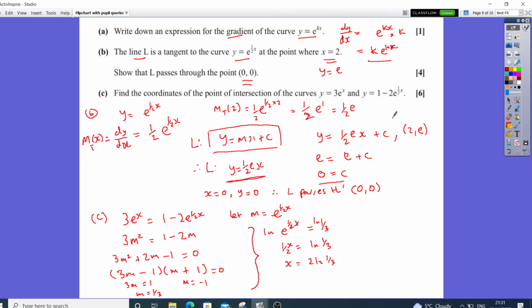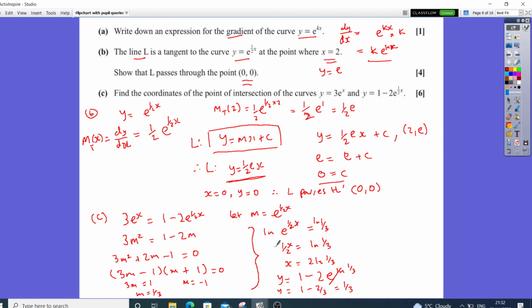So if that is x, y would equal 1 minus 2e to the power, half of x, half of 2 ln of 1/3 will be just ln of 1/3. Now e and ln, they are inverse of each other, so they will cancel. So that becomes 1 minus 2 times a third is 2/3. So y would equal 1 take away 2/3, which will give me 1/3.